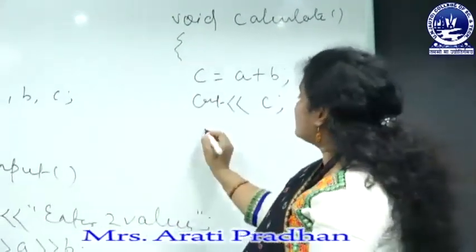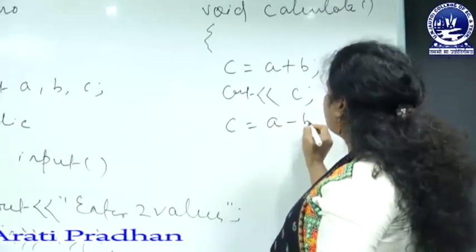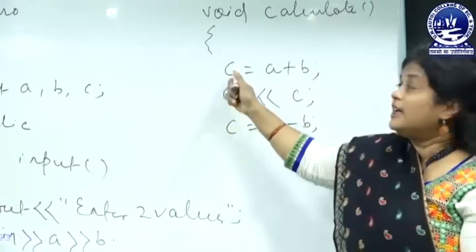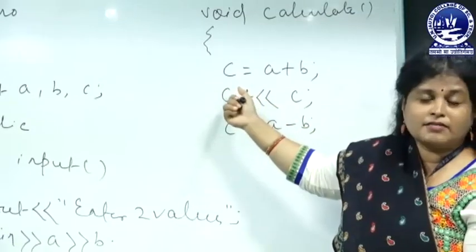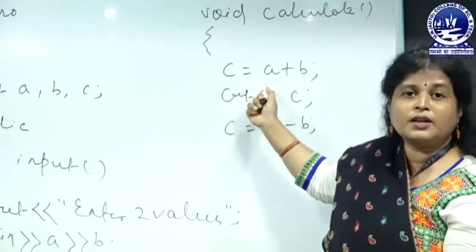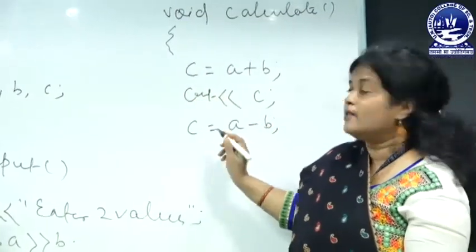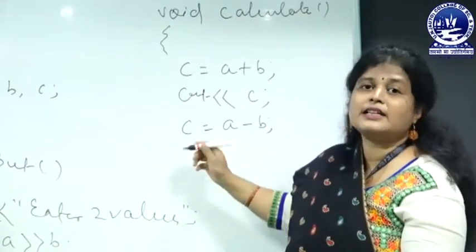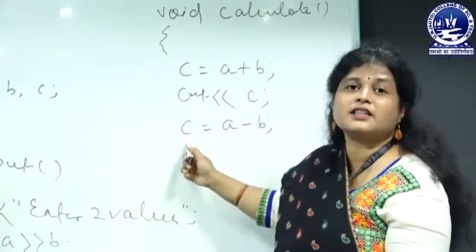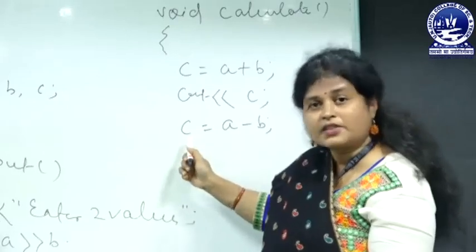Then the next one is C equal to A minus B. Similarly, in this case we are using the minus operator. It means that it is the subtraction operator, and C is storing the result of the subtraction.